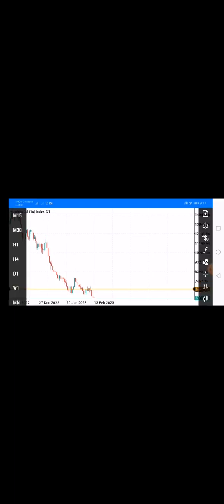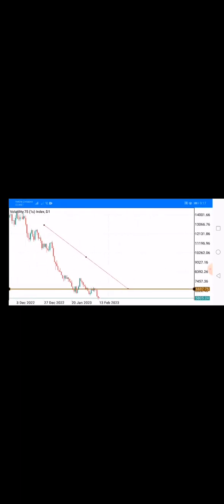So I'll usually just start with the higher time frame. So far, it seems as if the price is trending downwards. As you can see, this is the trend, and it's clearly down for now. Right there.